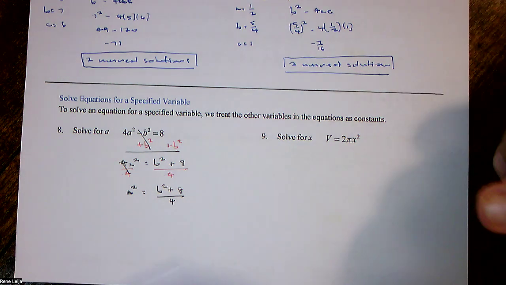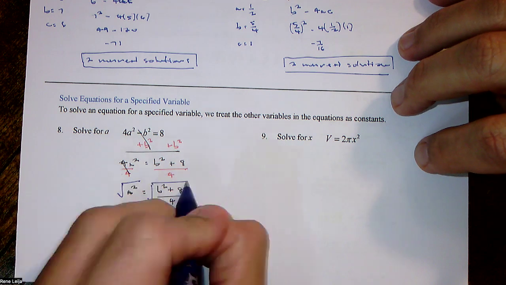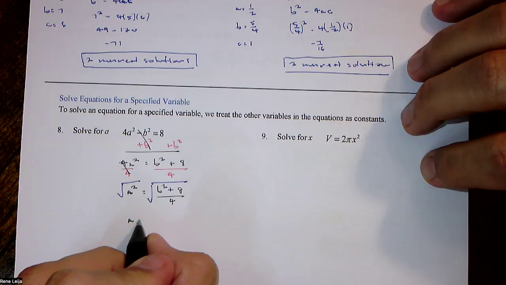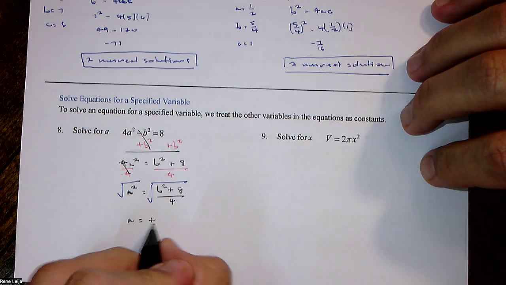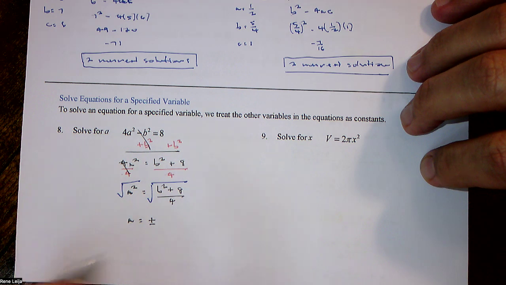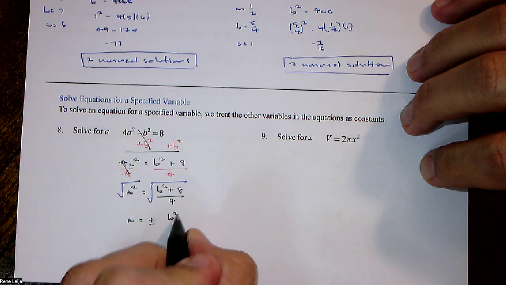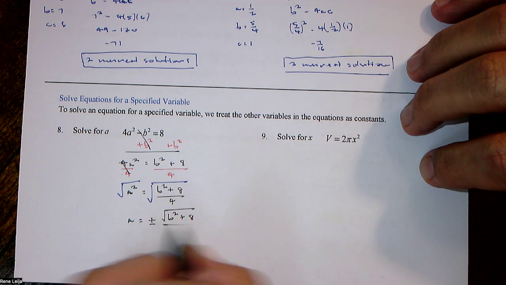Now I take the square root of both sides. So a squared, now remember you took the square root of a squared, so you're left with the plus and minus. Now here I'm going to go ahead and split this up because I see that 4 in the denominator. So this is the square root of b squared plus 8, and the square root of 4 is 2.